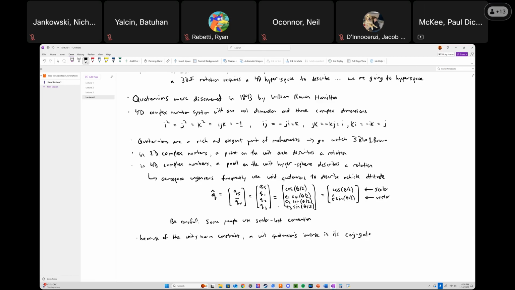What the heck does that mean? So Q, first of all, Q has a norm of 1. And similarly, Q inverse is the same thing as the conjugate of Q.